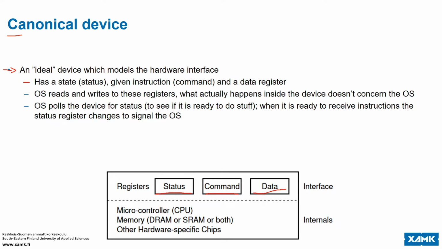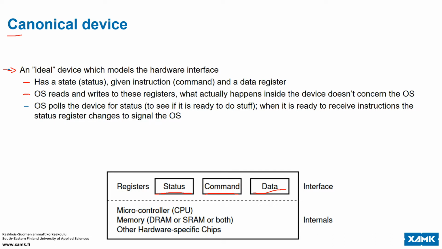So basically what the operating system does with this canonical device or canonical device driver is that it reads and writes to these three registers, and then what actually happens inside of the device doesn't concern the operating system.